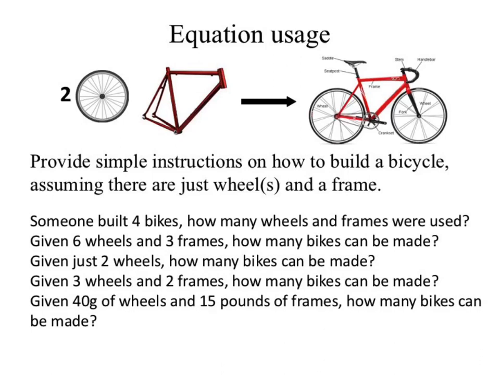Given 40 grams of wheels and 15 pounds of frames, how many bikes can be made? What? How many grams? You didn't give me enough information? What does the chemical equation represent? What is the measurement unit? It's a counting unit, a number of them.